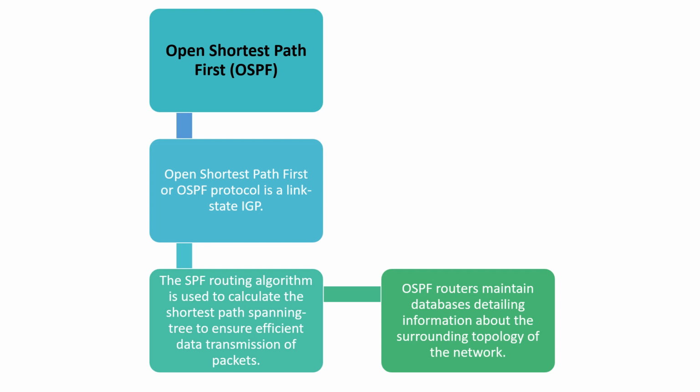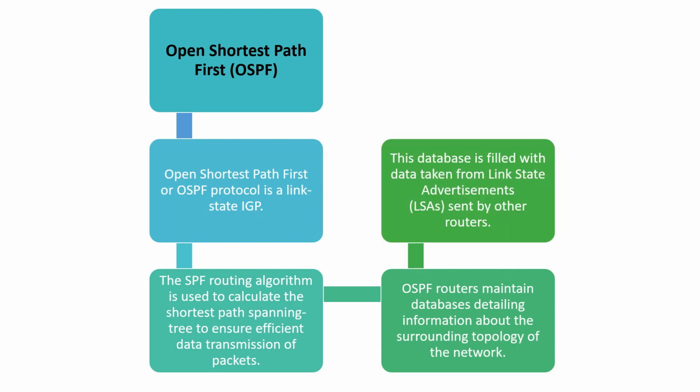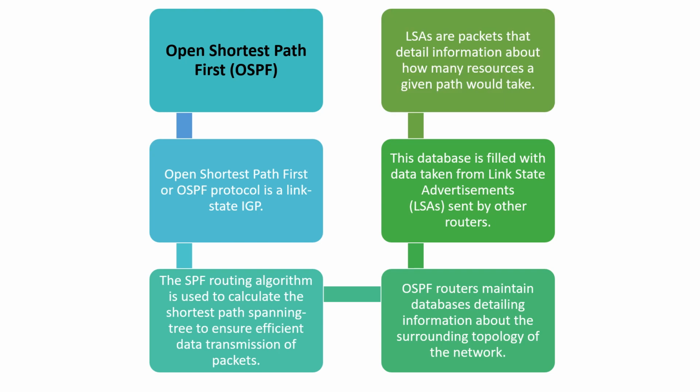OSPF routers maintain databases detailing the information about the surrounding topology of the network. This database is filled with data taken from the link state advertisements sent by other routers. LSAs, that is link state advertisements, are packets that detail information about how many resources a given path would take. So these are the rules followed by Open Shortest Path First protocol routers.